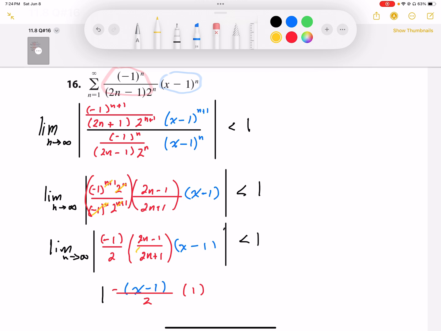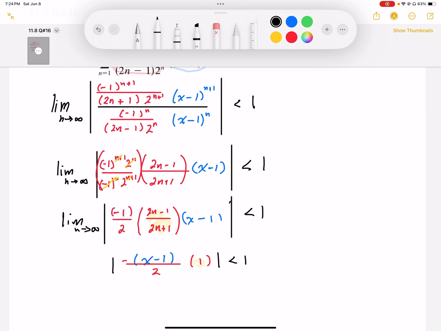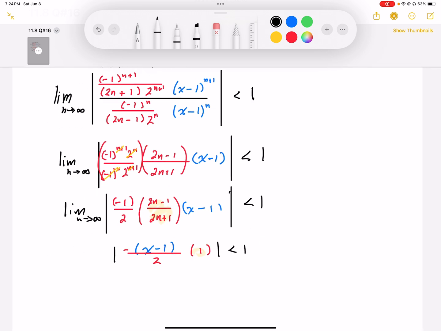That's going to be less than 1. So we can see that our radius of convergence is going to be 2. I'll make a note of that: radius is equal to 2.